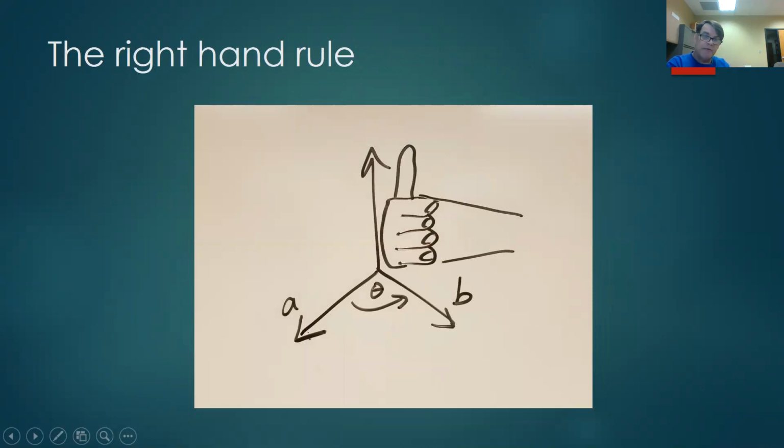If I'm doing the cross product of vector A cross vector B in that order, by the way, as we'll find out in a second, the cross product is not commutative. That means A cross B is not the same as B cross A. How are they different? They're different in their direction.